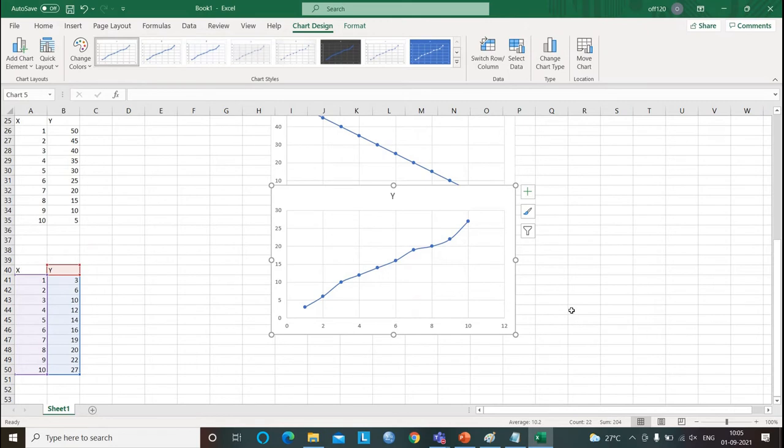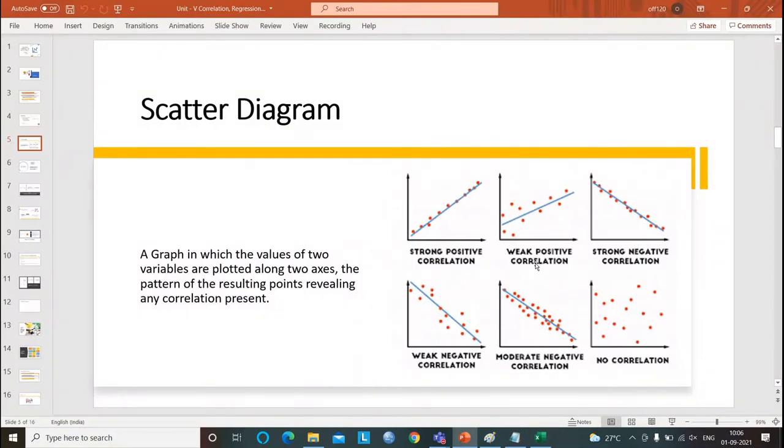I cannot say that it is perfectly positively correlated. It's not exactly equal to 1 because there are some ups and downs in this line. So then what do we say here? That is called weak positive correlation. That means if the values are deviated from the straight line, then that is called weak positive correlation. If all the values are on this line itself, then it is called positive correlation.